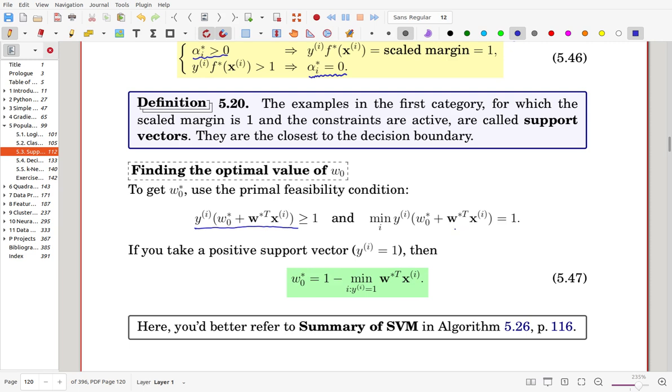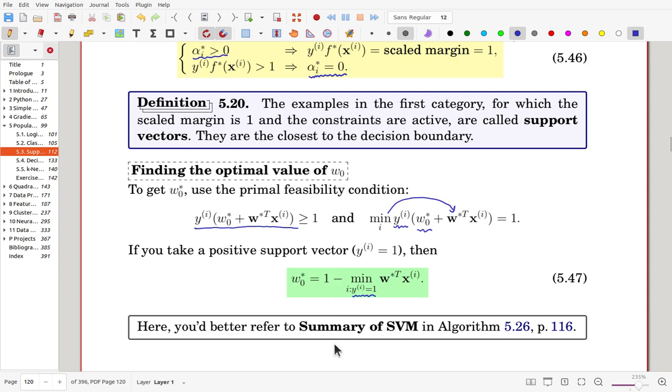So that is a support vector. So we write this down, and consider only the positive case, and now we apply the minimum, so that W0 star is the same as 1 minus the minimum of this value under the condition yr equal 1. So we can get W0 star by using this formula.